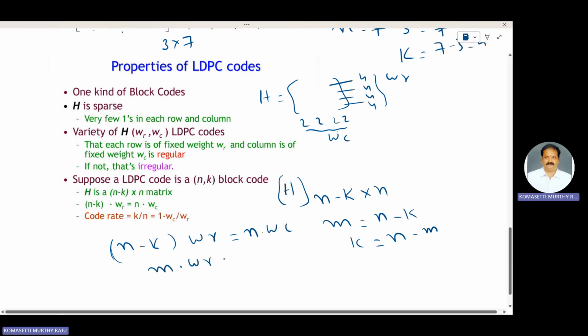Here n minus k is m, so m times WR is equal to n times WC, where m is the number of parity check equations, WR is the weight of each row, n is the block length, and WC is the weight of the column. Code rate is k by n, which is equal to 1 minus WC by WR.